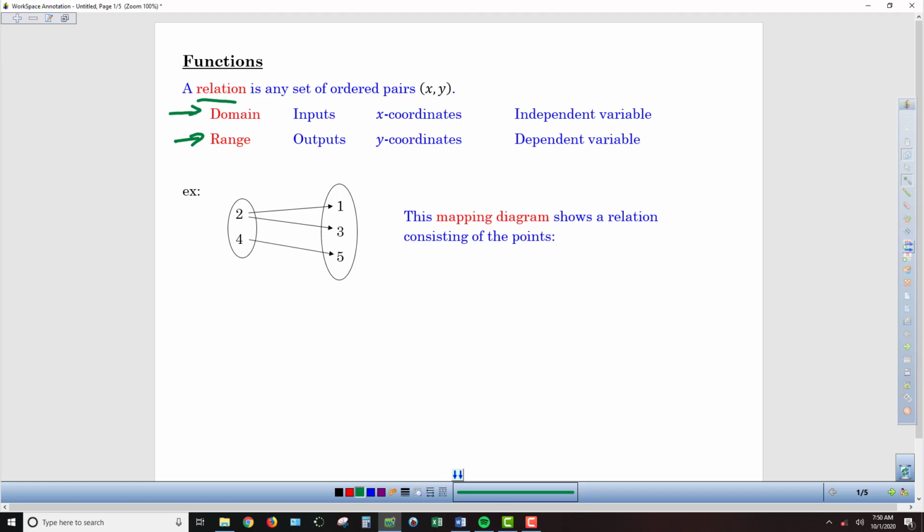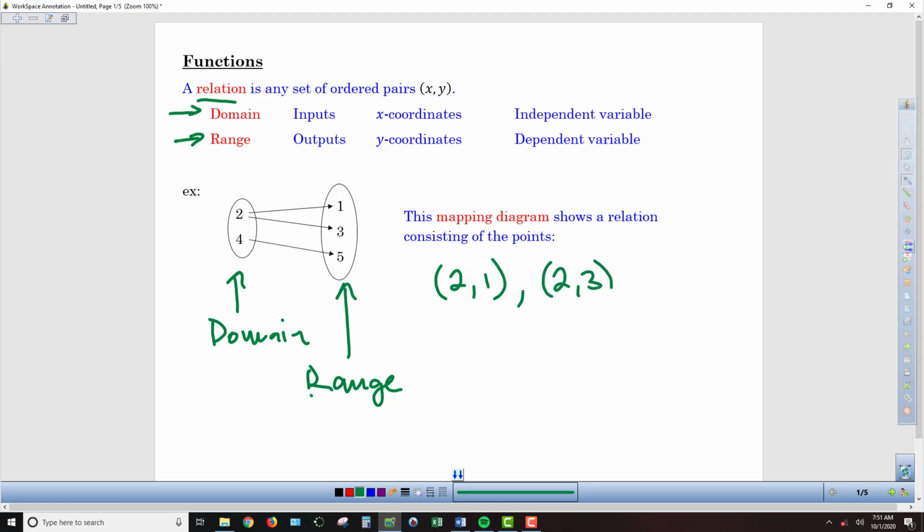Over here we have our domain, and in the second bubble we have the range, and the arrows show how the various values in the domain connect to the values in the range. They describe a set of ordered pairs. Each arrow is an ordered pair. So we have (2, 1), (2, 3), and (4, 5).